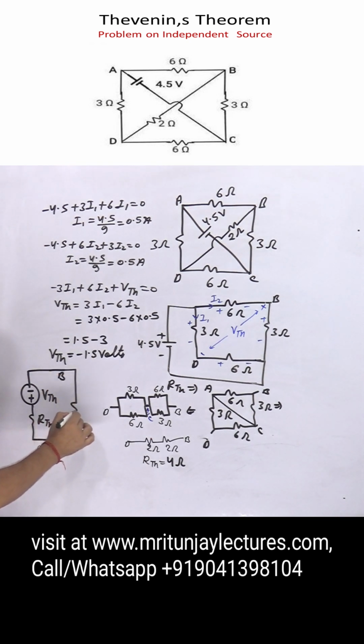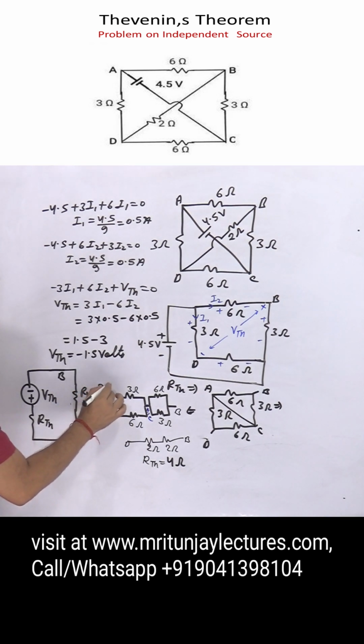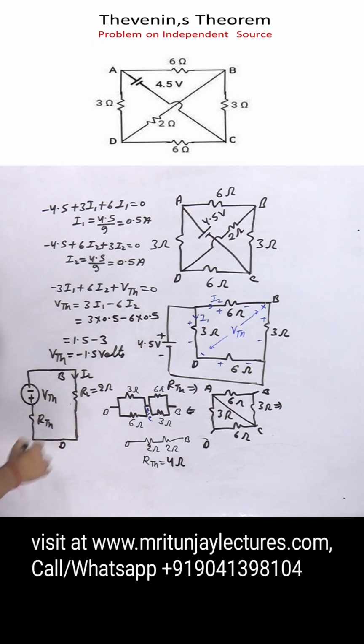So finally, what about RL? RL is how much? 2 ohm. So what about IL? The direction of IL is D to B. Better to write D to B. Clear?